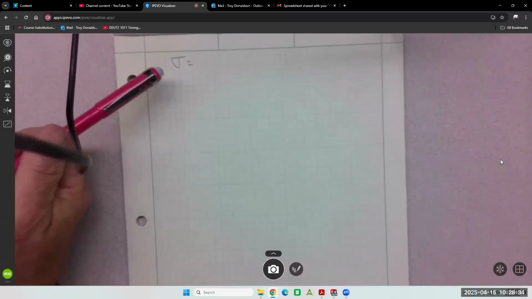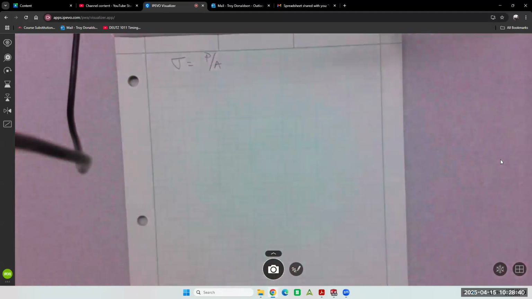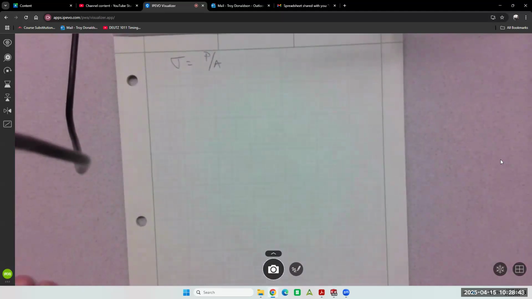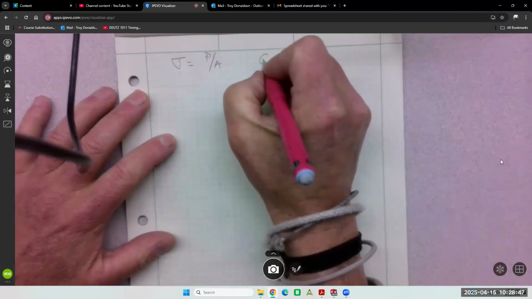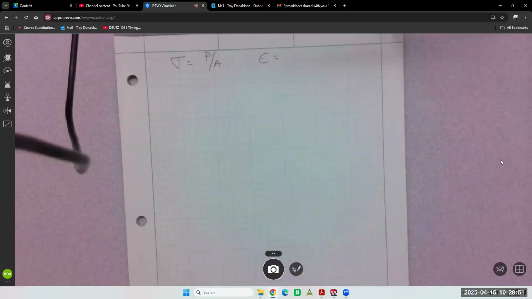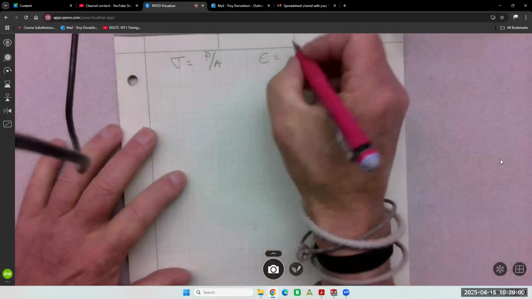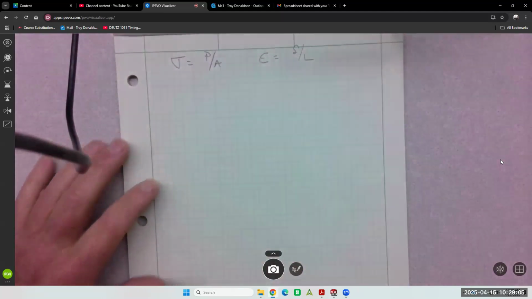And what's it equal to, formula wise? Yep, P over A. Okay. This is strain. And it's equal to, that's epsilon, yep. This is my epsilon. I don't know how to make it any better. Deformation over original length.